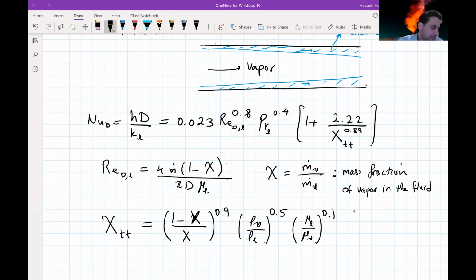So this is for the flow inside the tube.